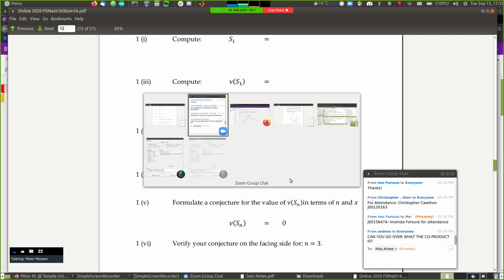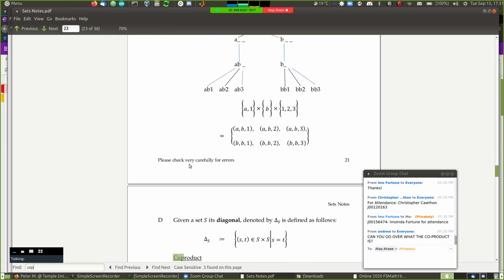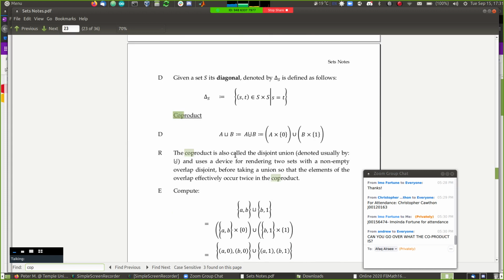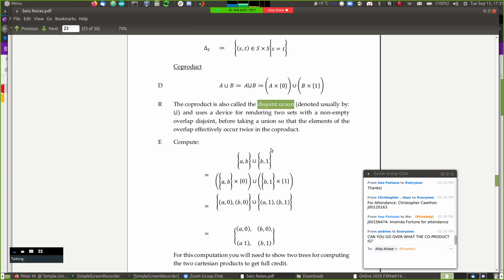Okay, sounds good. So let's pull up coproduct. Yeah, he's using this symbol. So the coproduct is an operation that creates a set of disjoint elements. You can think of it as the disjoint union. And I'll just do it with an example.